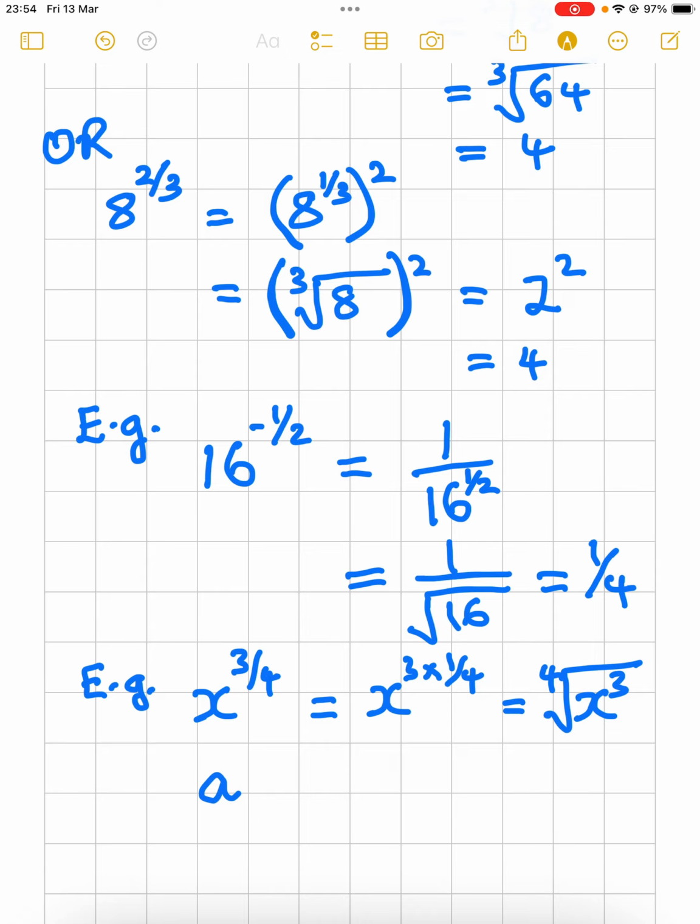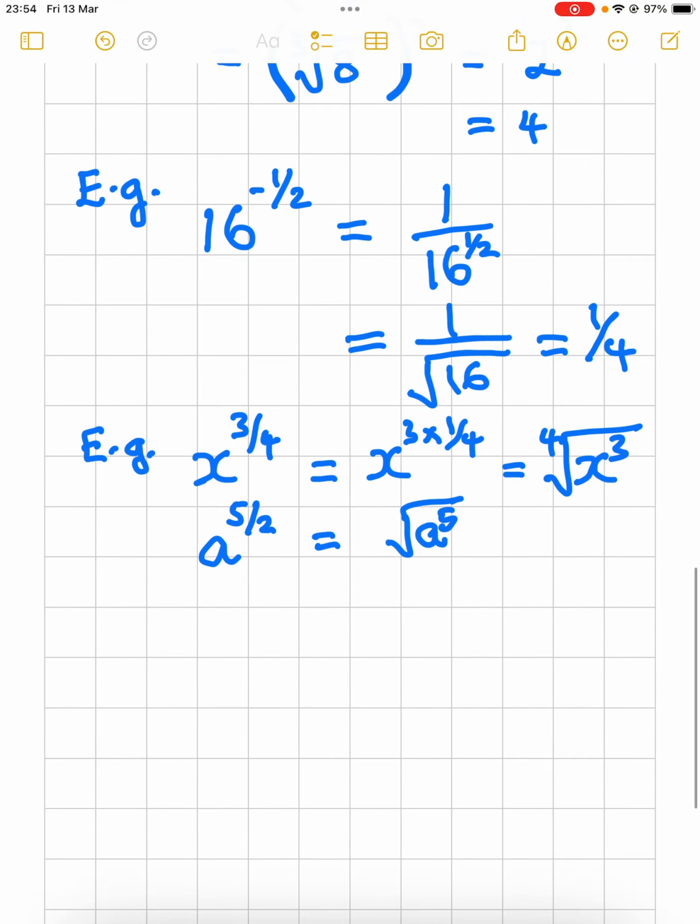Also consider a raised to power 5 over 2 will mean the square root of a raised to power 5. So, denominator will determine the root and the numerator will determine the power.